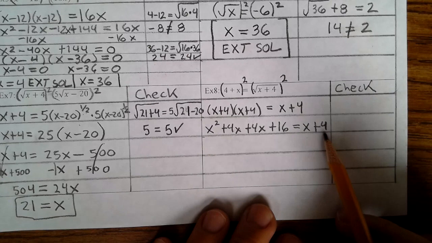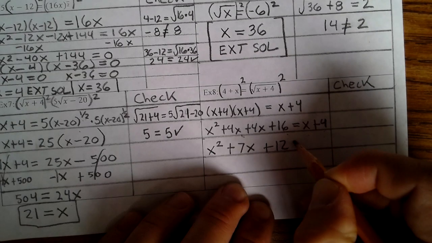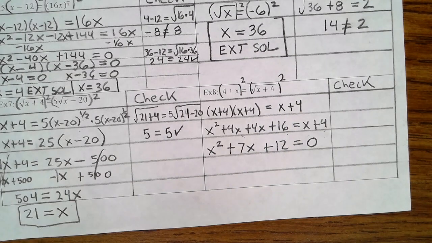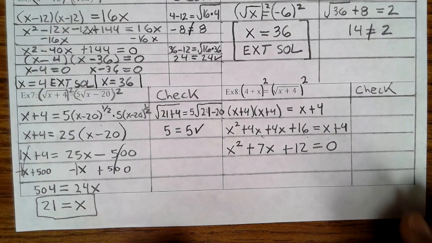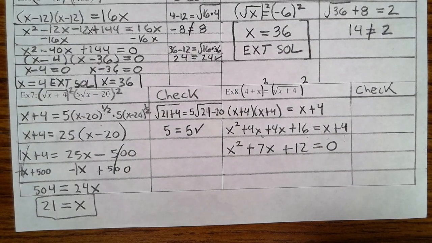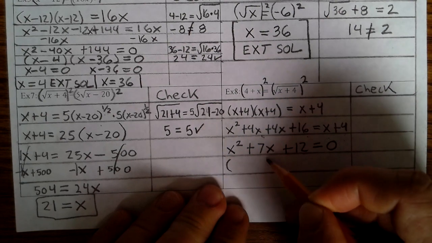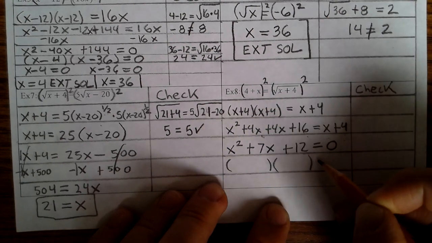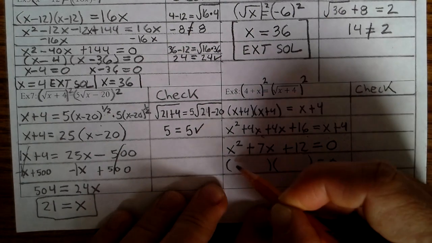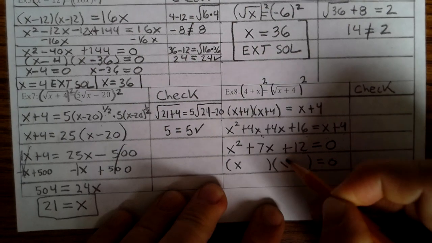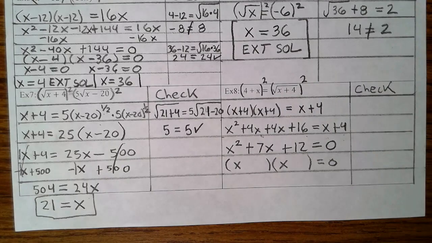Now you want to solve this by factoring. We know x and x makes x squared. And let's think about finding the combination. So let's try all the combinations to make 12. 1 times 12 is 12. 1 plus 12 is 13.